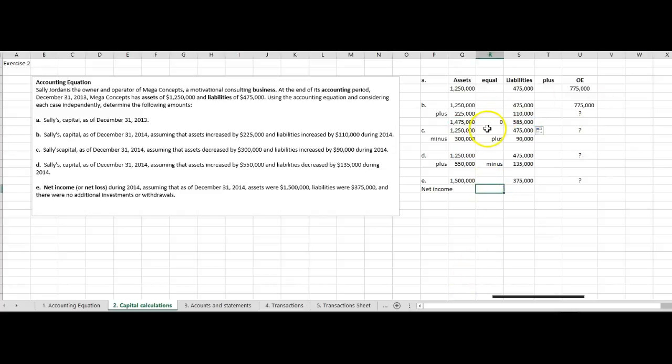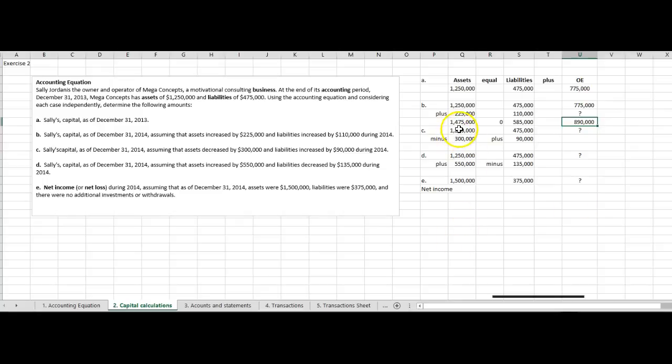So now I have assets of $1,475,000 and I have liabilities of $580,000. What becomes my owner's equity? Again, you take the assets and subtract the liabilities and come up with owner's equity of $890,000.